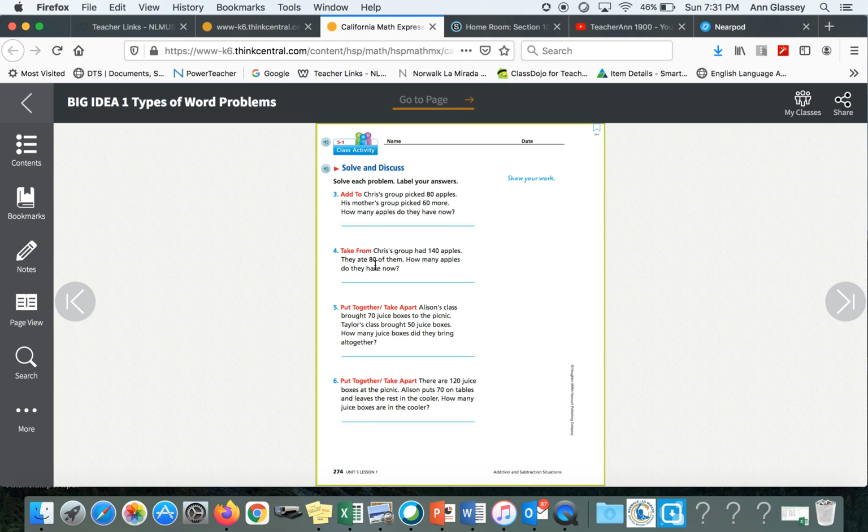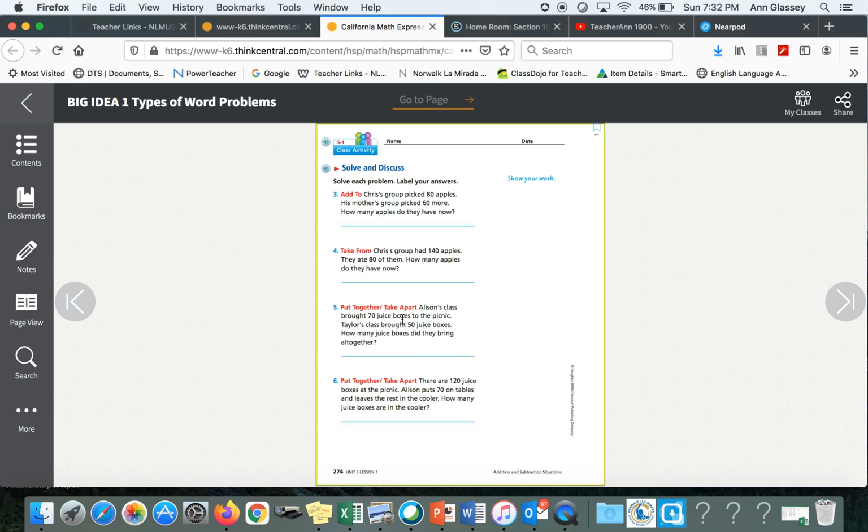See you later. So what do you show for those 80? It's taken from. So what operation will you use? And what remains? You could draw 14 10 sticks to show the 140 apples. You could cross out and circle 8 of the 10 sticks and see how many are left.